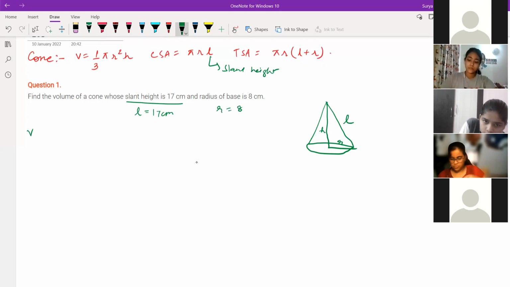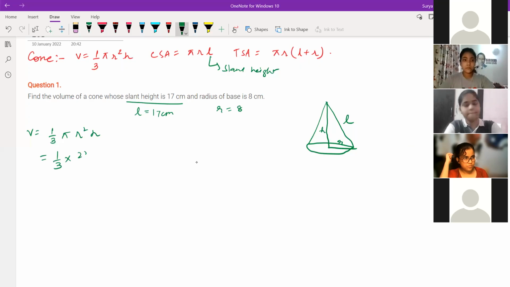The formula of volume is 1/3 pi r square h. So put the values now: 1 by 3, pi is 22 by 7, radius 8 squared, and h is 15. Why did you get 15?